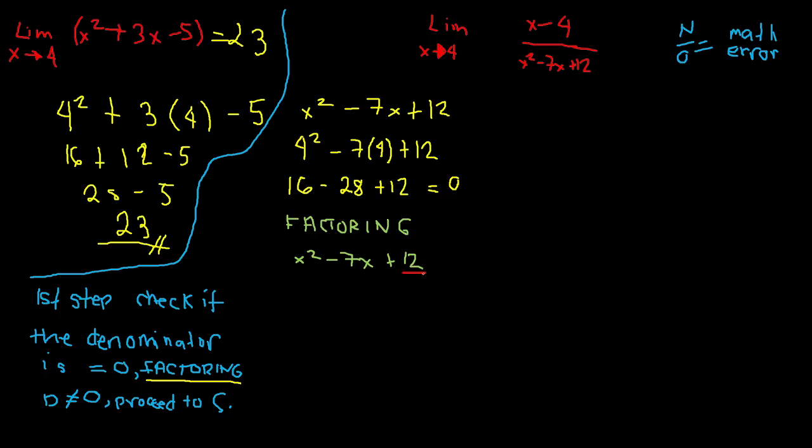We will look for the product ng 12 na yung sum ay equal to negative 7. So, ano ba yung tingin niyo na product ng 12 na pag pinag-add natin is negative 7? Sige, tingin niyo ano?